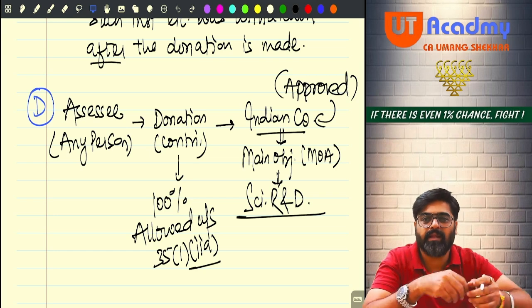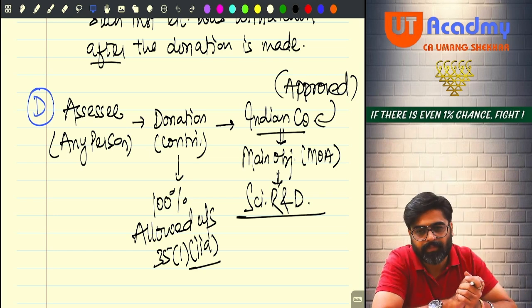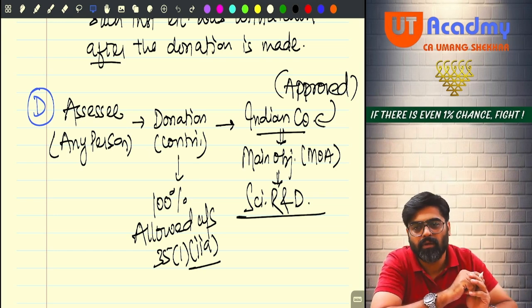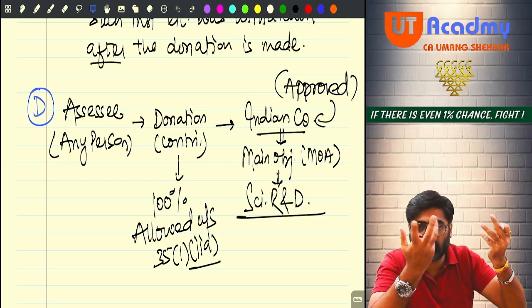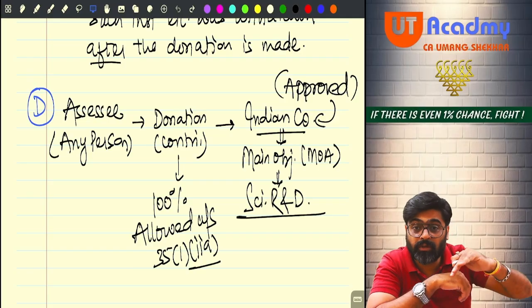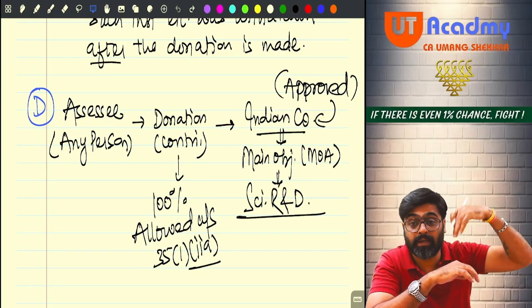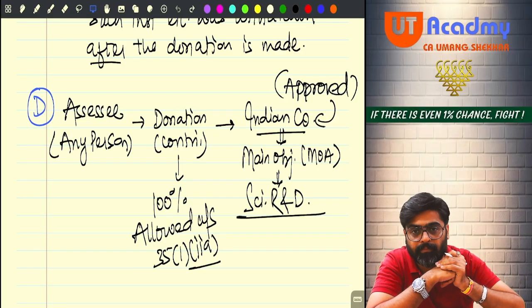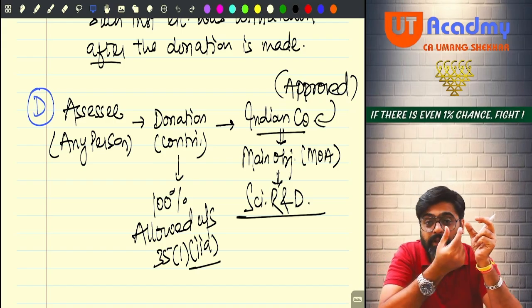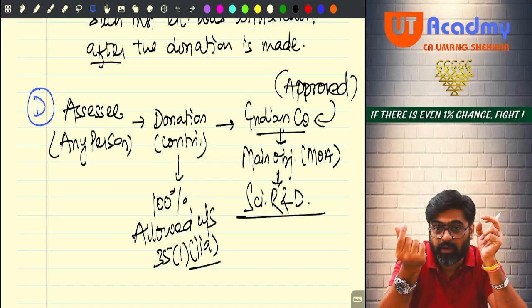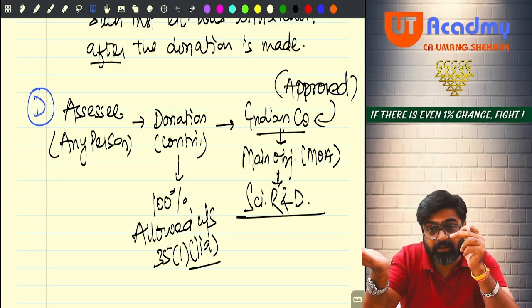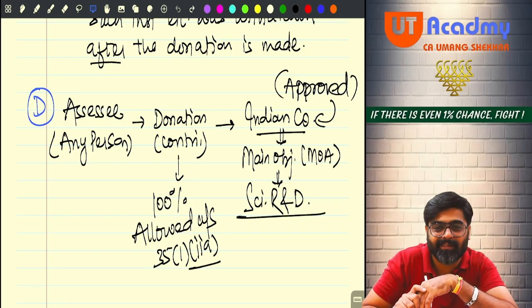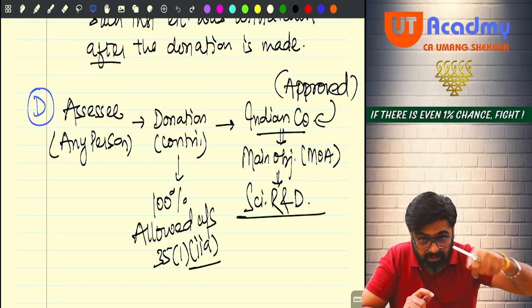They will be doing different types of scientific research, making some new inventions. Those inventions they will get patented in their name. Those patents they will give to someone for use, and by the use of those patents, they will be earning royalty. That will be the main business income.